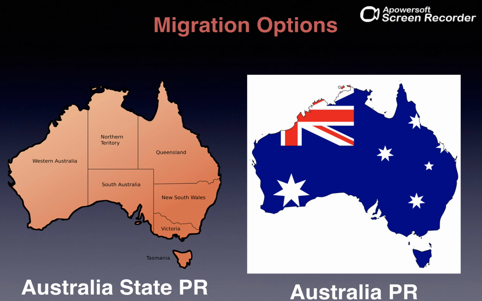You can apply for a particular state PR, and there are going to be different criteria for each state. Once you get the PR of a particular state and fulfill its requirements, you can move to whole Australia as well. The other side is Australian PR. You can apply for a visa and you will get whole Australian PR.